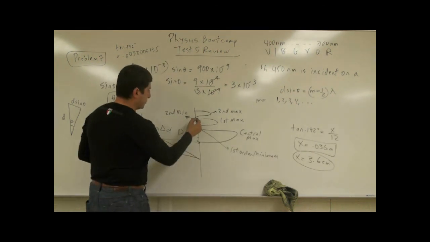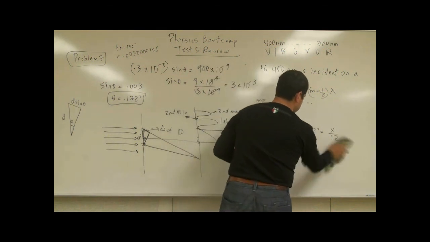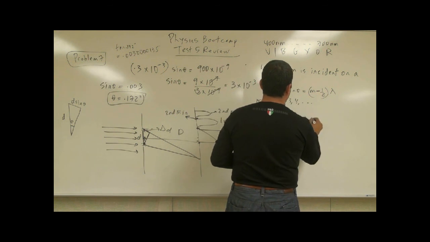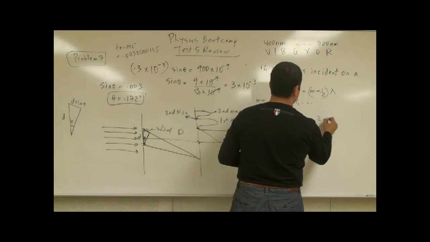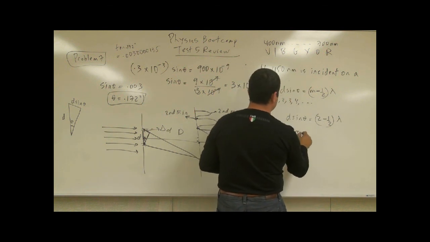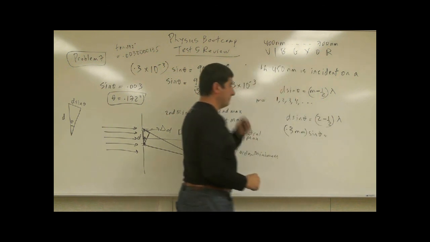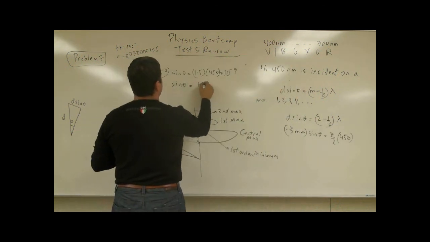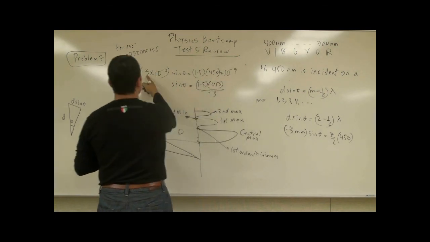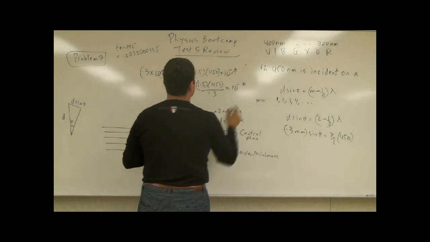So if I wanted to know the angle to the second order minimum, what would I do? d sine theta equals 2 minus a half, times lambda. So this would be 0.3 millimeters sine theta. Faster, you just say 1.5 times 450 divided by 0.3, and then just do the powers of 10 yourself, times 10 to the minus 6.